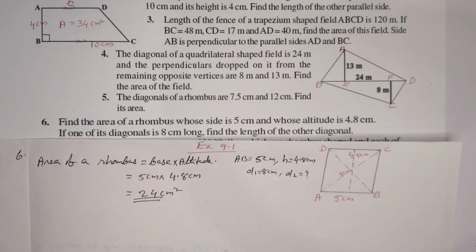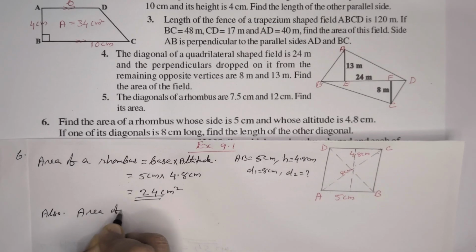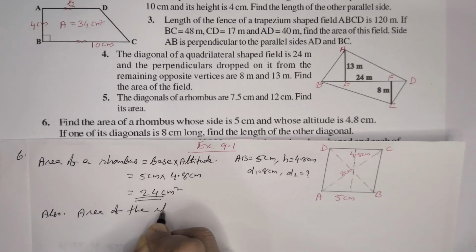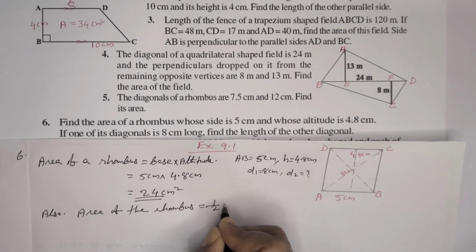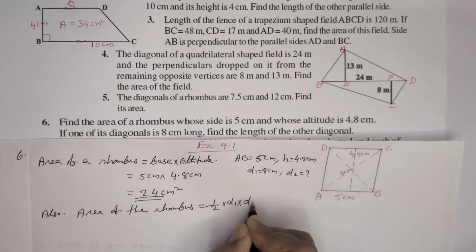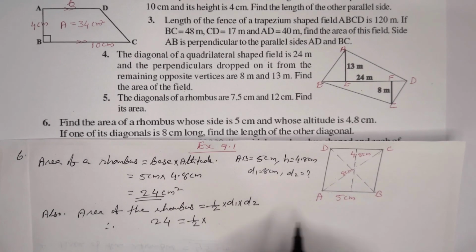Now we know that at the same time area of the rhombus is equal to half D1 into D2, another formula. Also area of the rhombus is equal to, we know the formula, half into D1 into D2. Now already we got the area as 24. So we can write here, therefore 24 is equal to half into D1, here given 8.